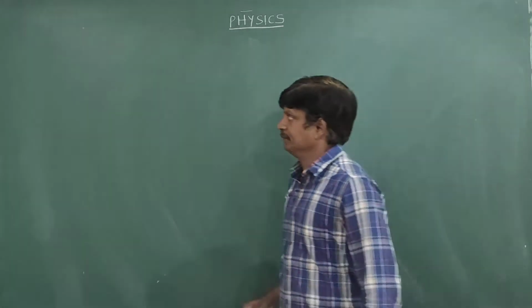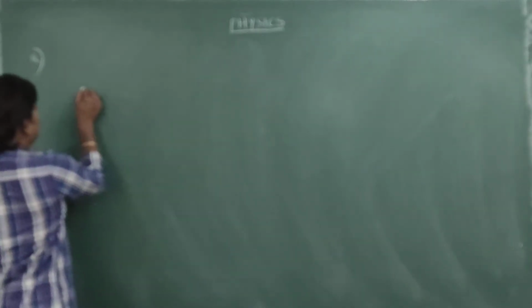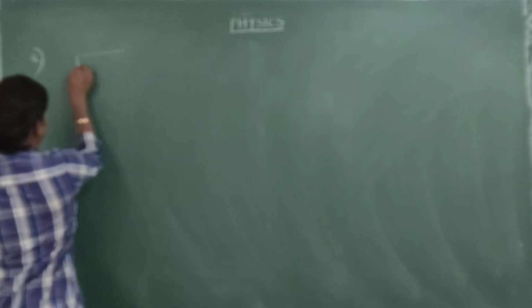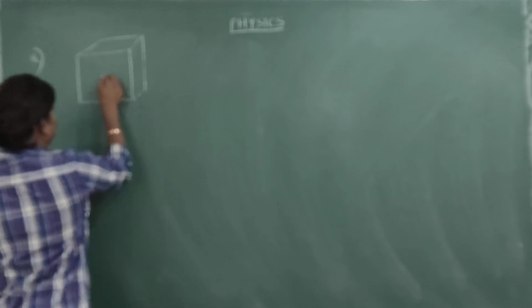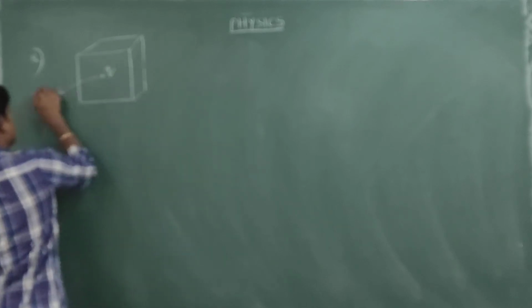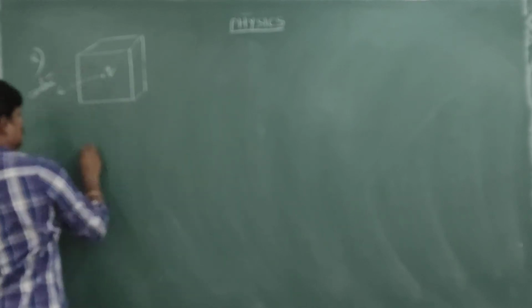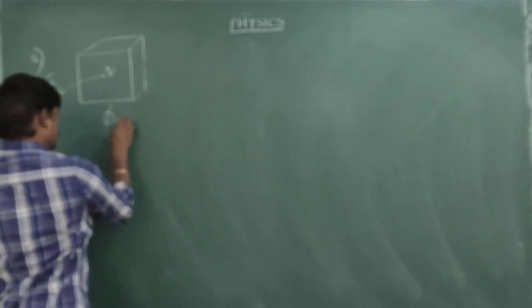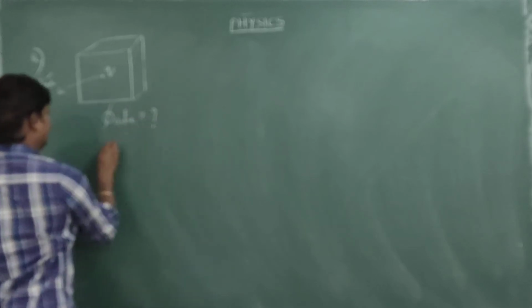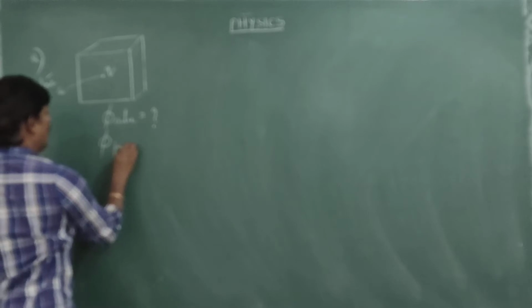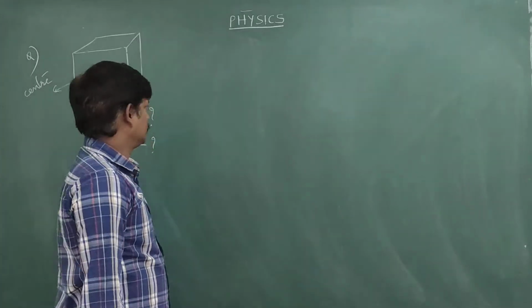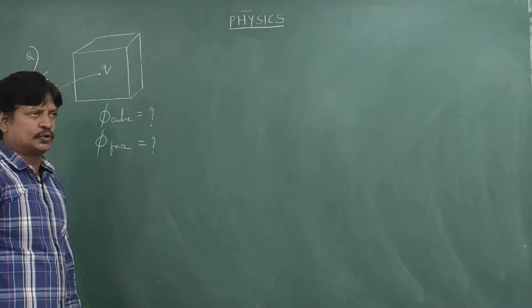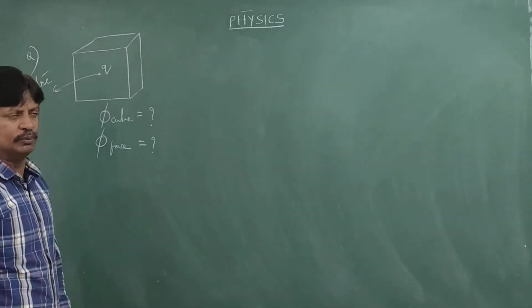Then, so for example, let us take a cube like this. A charge is exactly at the center. So find the flux through the cube and find the flux through any one face of the cube.